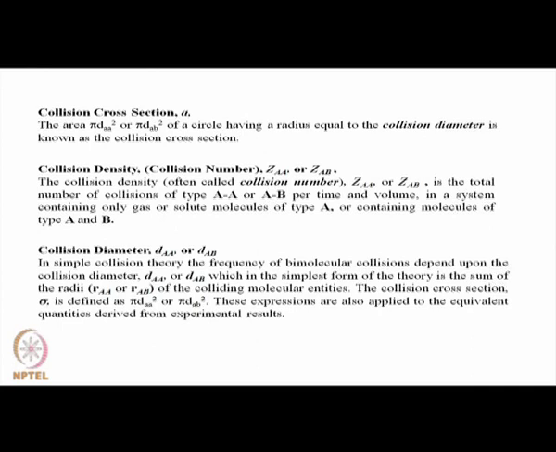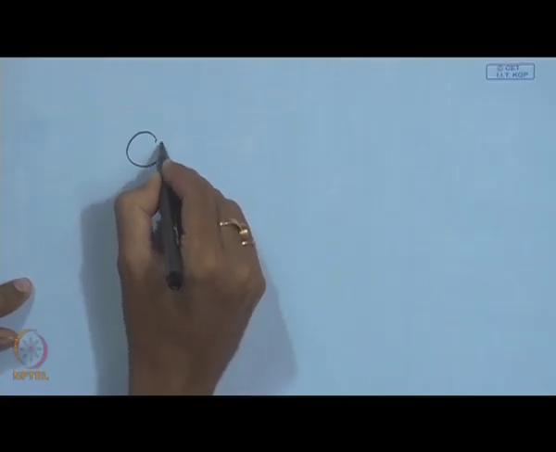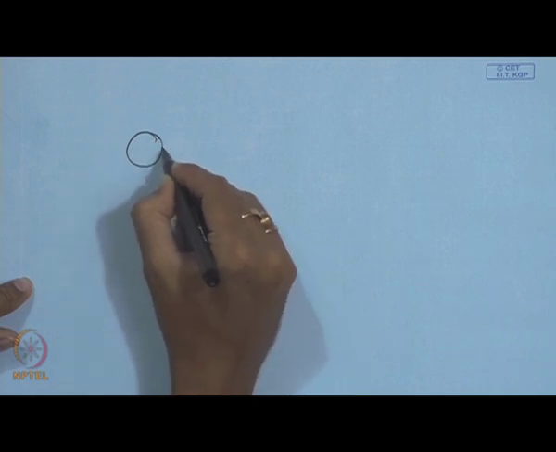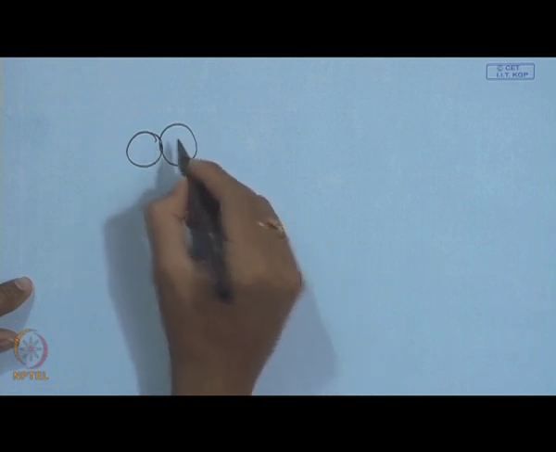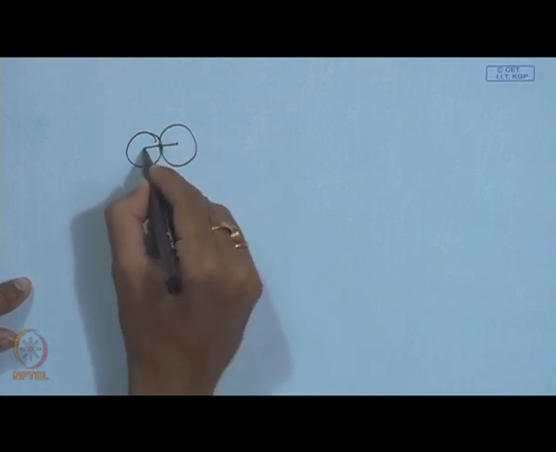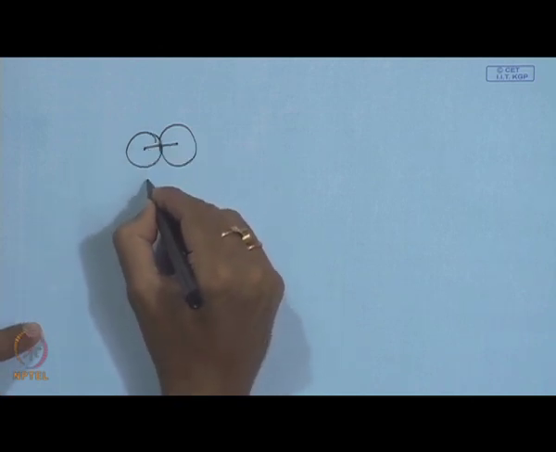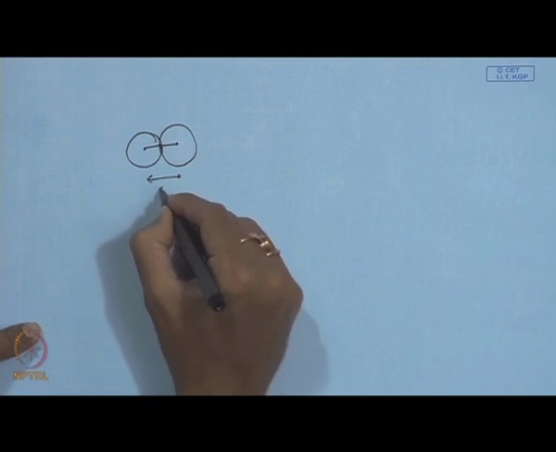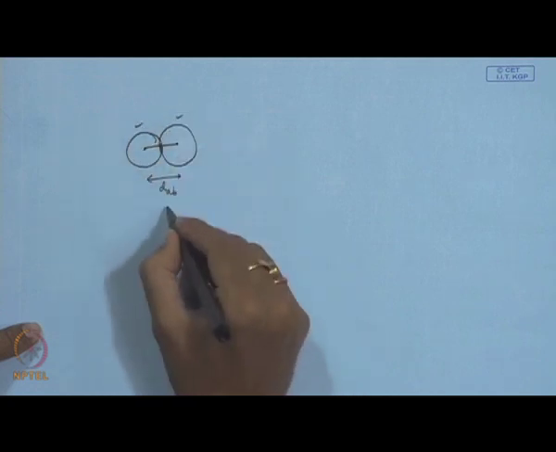Say this is A and say this is B, which is a little bigger. This is dA, this is dAB, or if both are the same then it will be dAA.